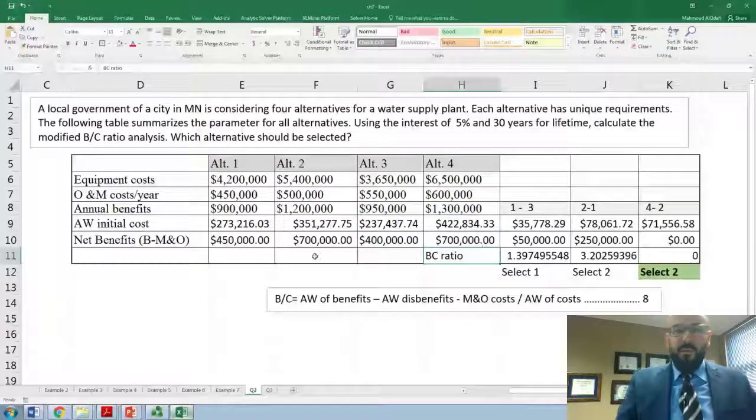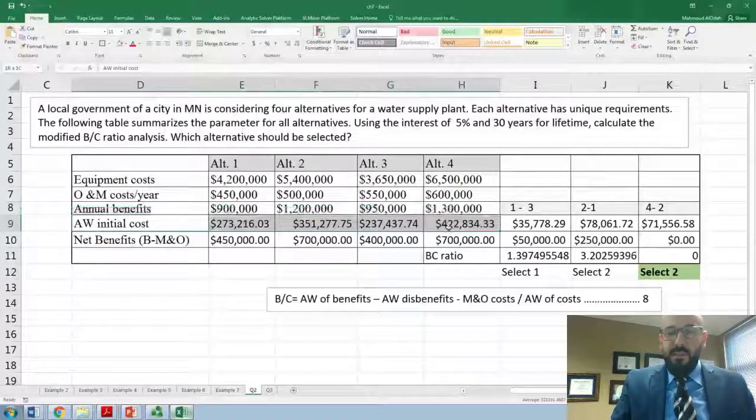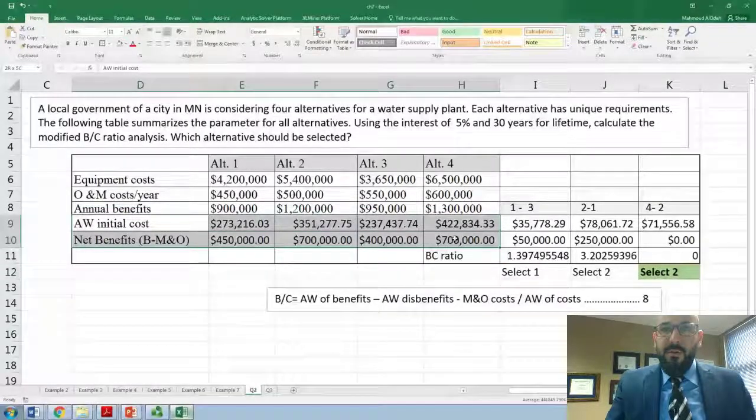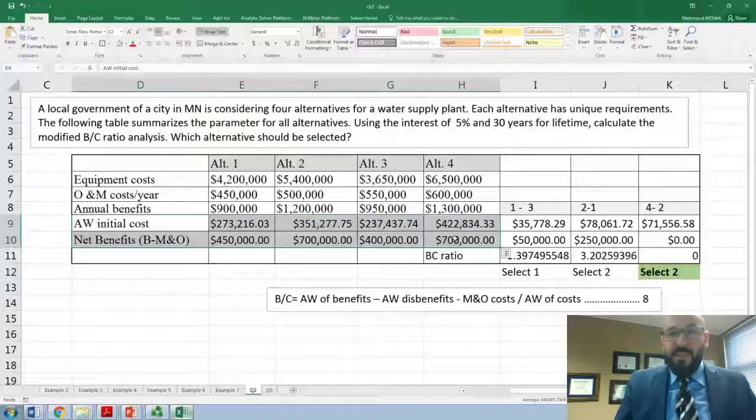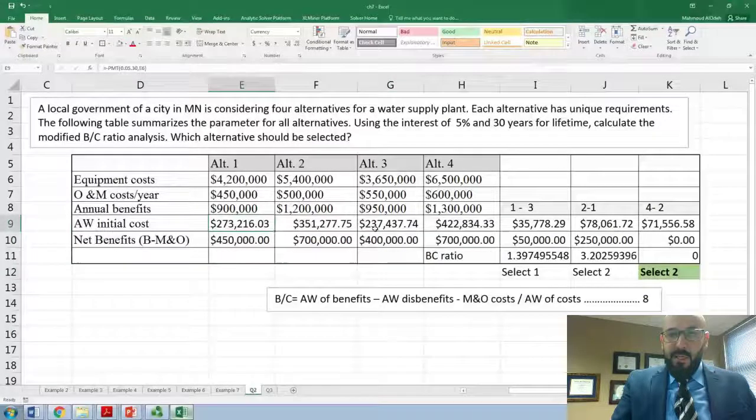Now we're going to use these 2 rows to conduct the BC analysis. However, because we have more than 2 alternatives, we have to use the incremental analysis. So we rank the alternatives based on the initial cost from low to high, and that gives you the first one to consider, alternative 3.